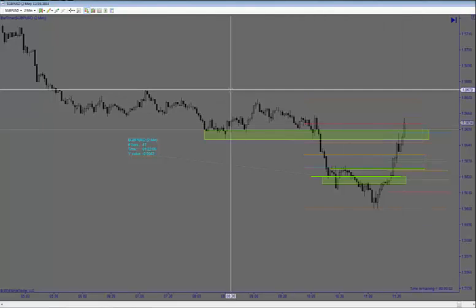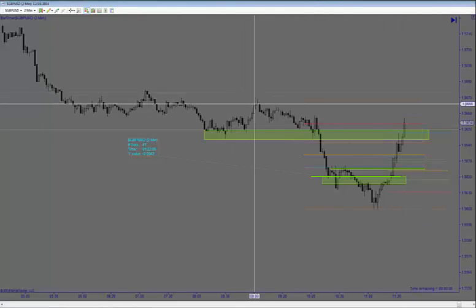Okay, we still have not closed above this structure area here, but now all the more reason why we should agree that a new structure low here overall is very unlikely, and we should not expect it. So is there a trading opportunity now? No, there is not a trading opportunity.